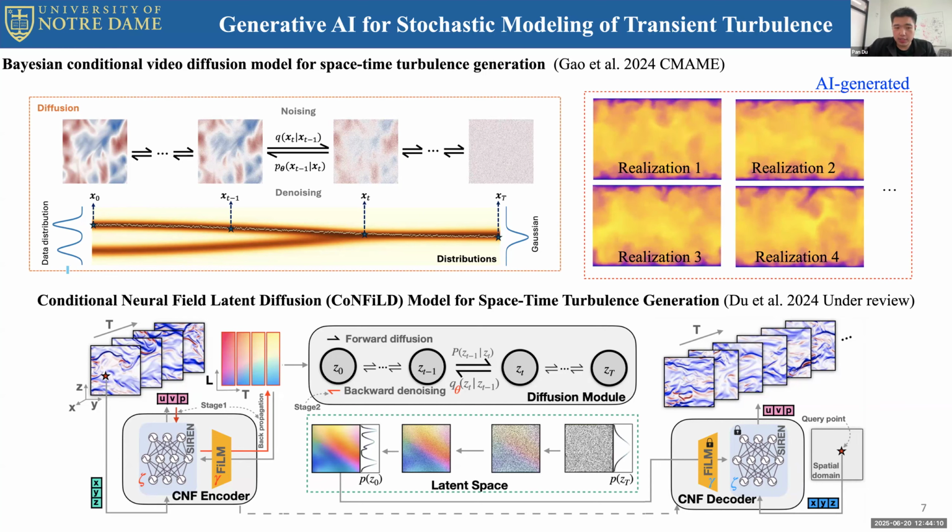So this means that our CoNFiLD is actually training on different time periods of turbulence flows with a fixed time interval, right? Let's say you just train it on 100 time steps, but in the generation process, we can actually generate very long time sequences, much longer than your training length.